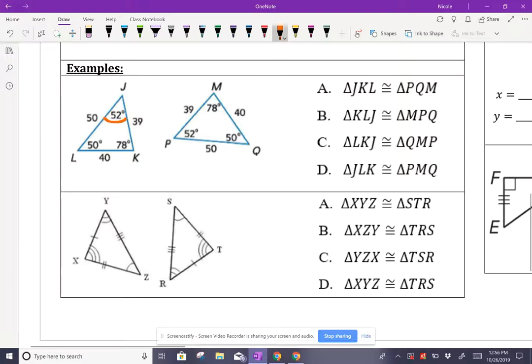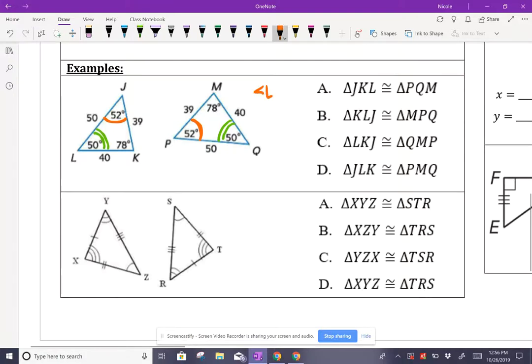So I want to look at my second triangle and see, where is 52? 52 is right here at P. So when we list our triangles out, J and P need to be in the same position when they're labeled. Then I look at angle L is 50 degrees. And I find on my second triangle that angle Q is 50 degrees.